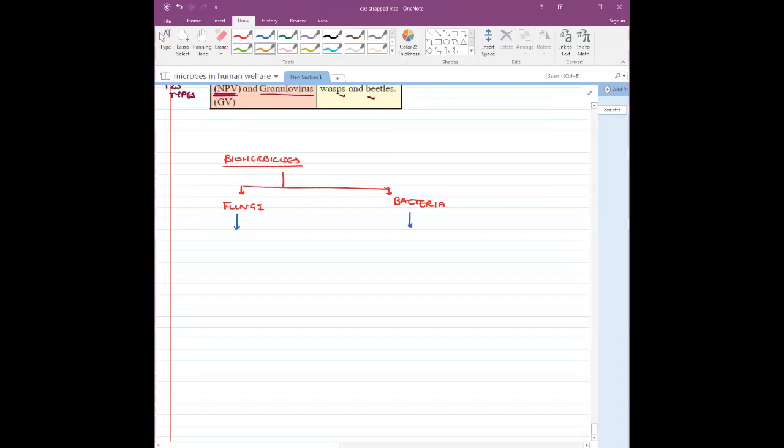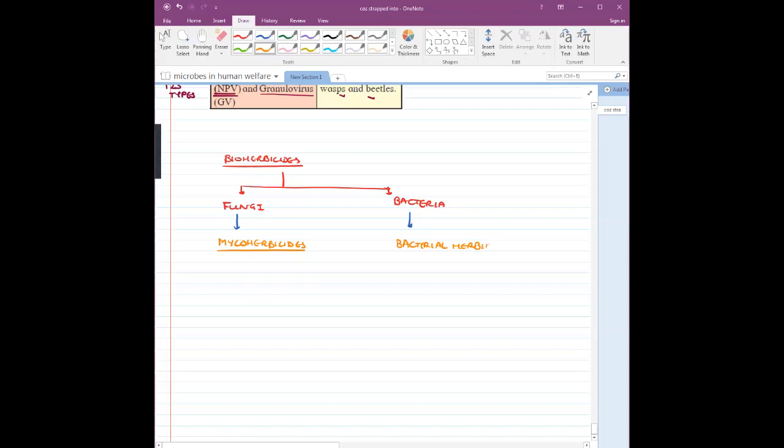When we use fungi, these are also known as mycoherbicides. When we use bacteria, they are just known as bacterial herbicides. Nothing special name as such.